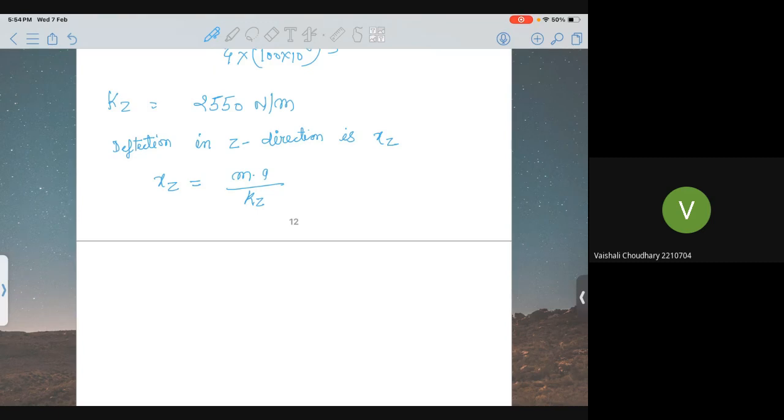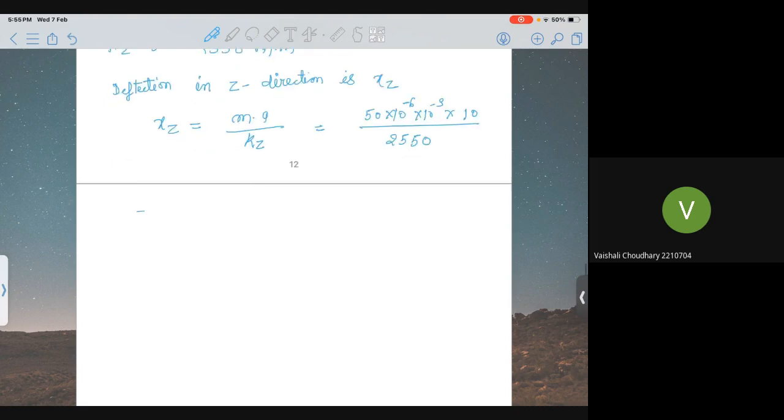If you put the values, you will have 50 micrograms. Again, we'll convert these grams into kilograms. Acceleration is 10 meter per second square, and the spring constant is 2550 Newton per meter.